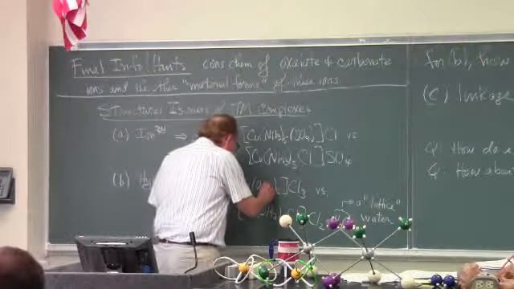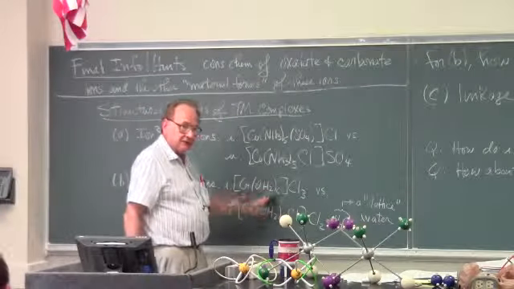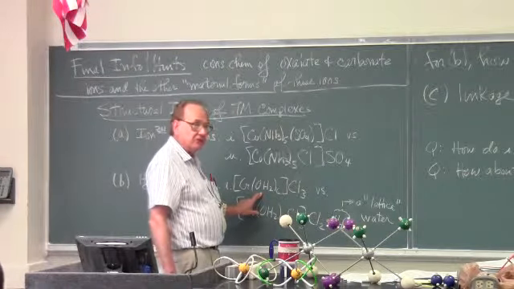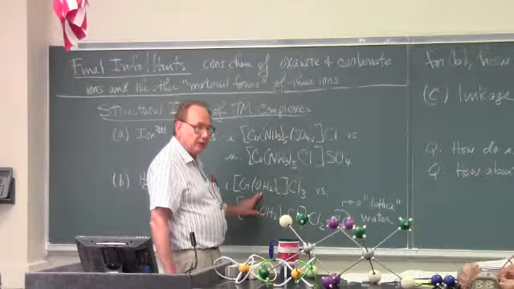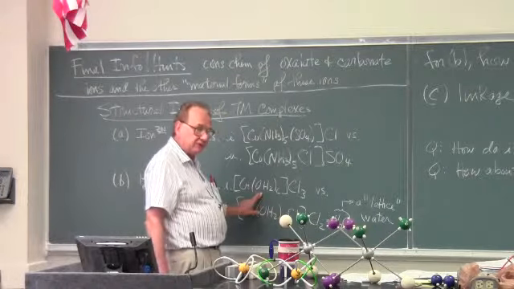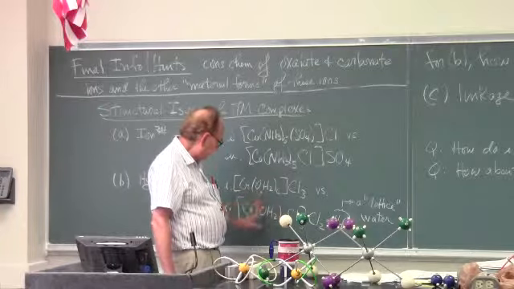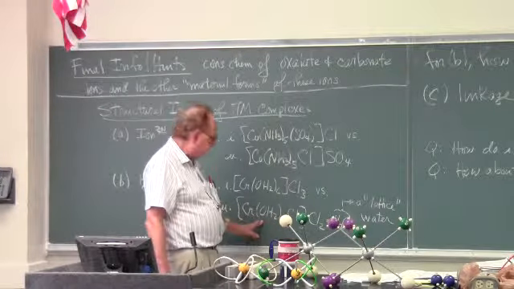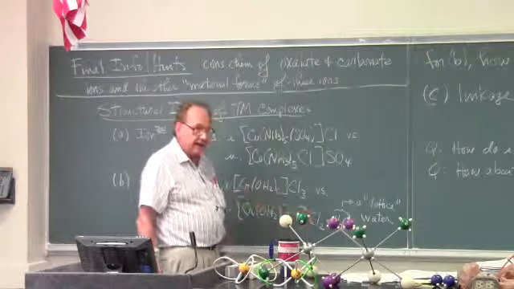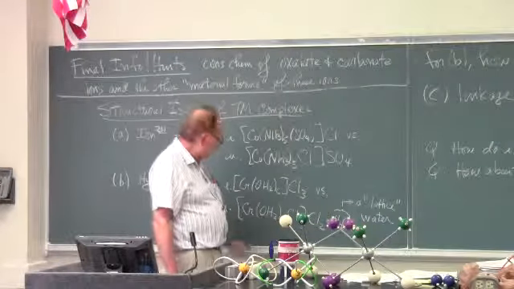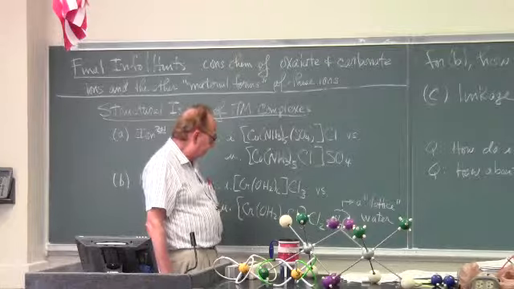On standing, the possibility exists for chloride ions to migrate into the first coordination sphere, and in so doing, replace water molecules while maintaining octahedral geometry. Or if I start with this one, chloride ion could migrate out of the first coordination sphere while a water molecule migrates back in, regenerating this.